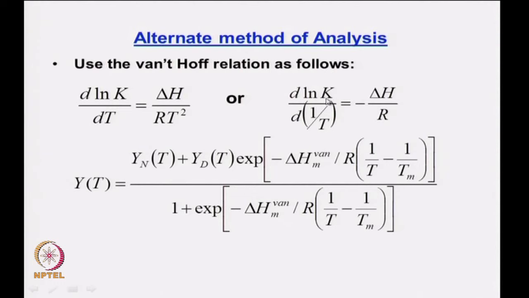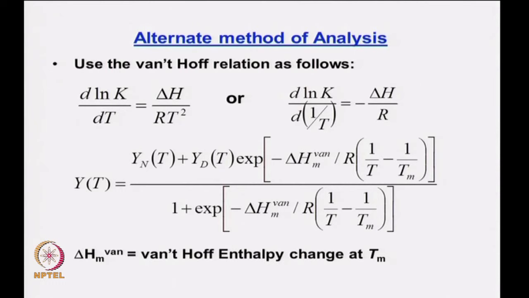I have just put it in there and I do a fitting on that based on Y of T. See what I have here: I still have Yn, I still have Yd, I have delta Hm, I have Tm, but I do not have delta Cp here. This delta Hm with a Van 't Hoff subscript means the Van 't Hoff enthalpy change at the midpoint of transition Tm.